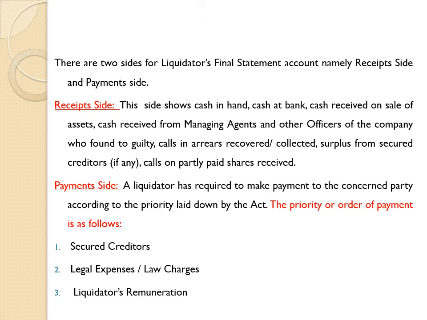These are the items recorded under receipts. This cash collection is very important here. It is the authority given to a liquidator to sell assets of the company and get proper value.